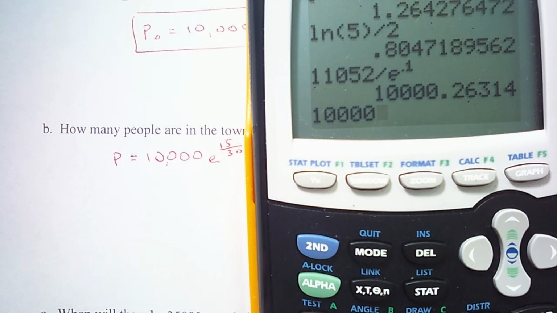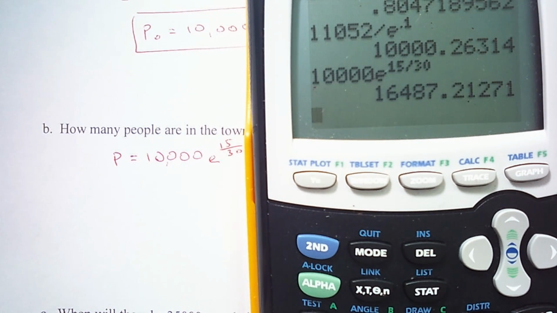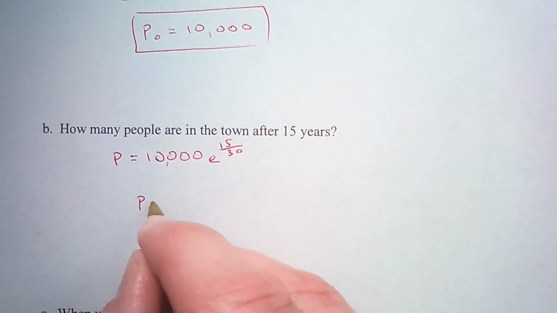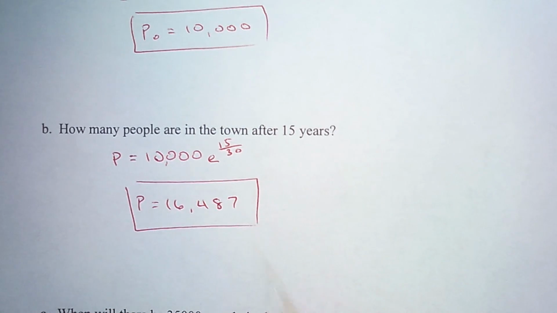So 10,000 times e to the 15 over 30, or we could do 1/2 or 0.5 there. And we find that there are 16,487 people in town after 15 years. So the population is 16,487.